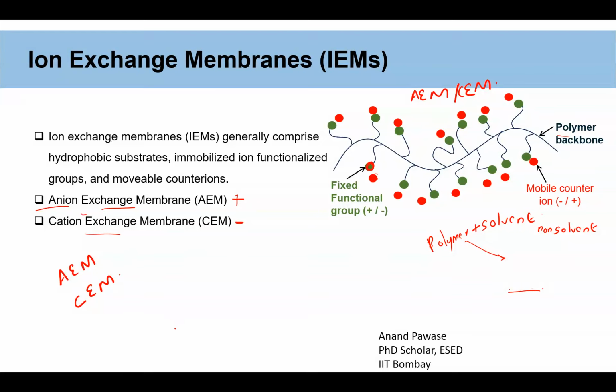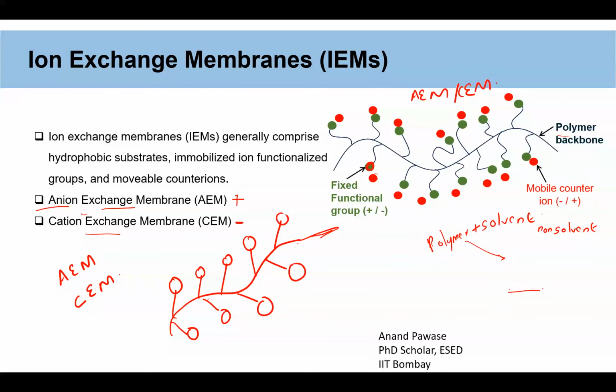So first of all, in anion exchange membrane, we take the polymer backbone, and then we have a fixed functional group, and it has a charge. In the anion exchange membrane, the charge of this fixed functional group is positive.